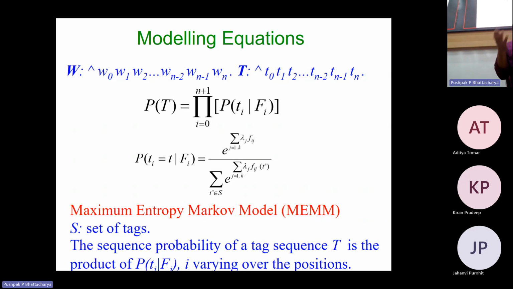Note that I am always using the word likely. The word likely comes because in NLP, we have to necessarily live with ambiguity. Words have multiple meanings, sentences have multiple meanings. So we have to disambiguate them, and that requires probability.